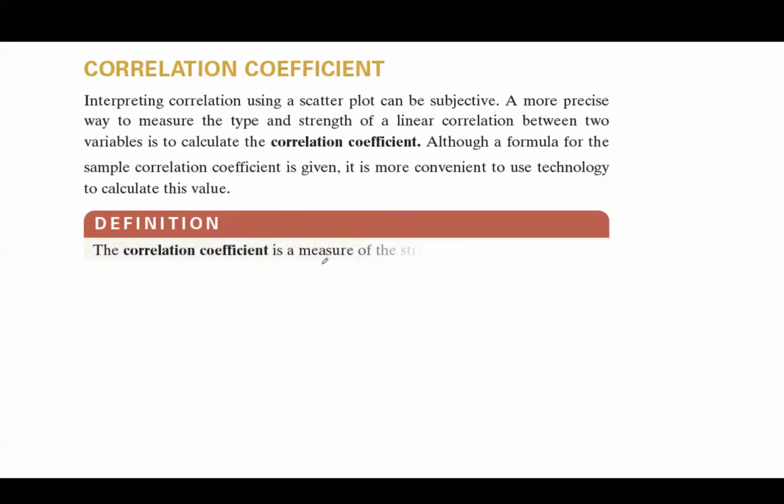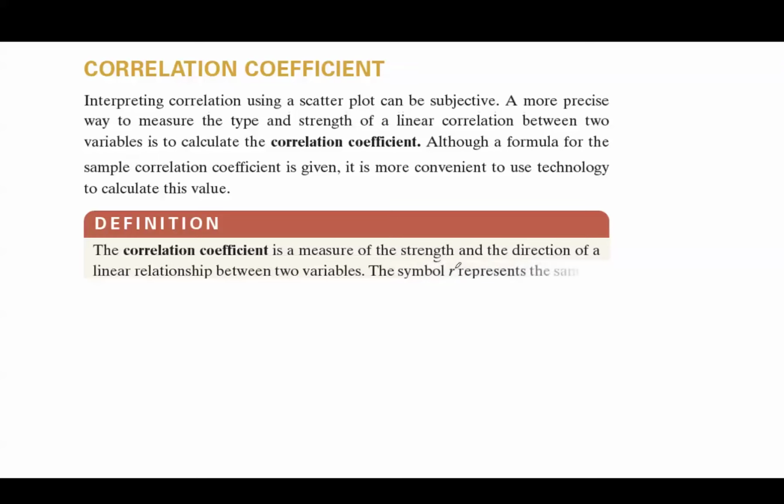The correlation coefficient is a measure of the strength and the direction of a linear relationship between two variables. We denote this by R. The symbol R represents the sample correlation coefficient. A formula for R is given below.